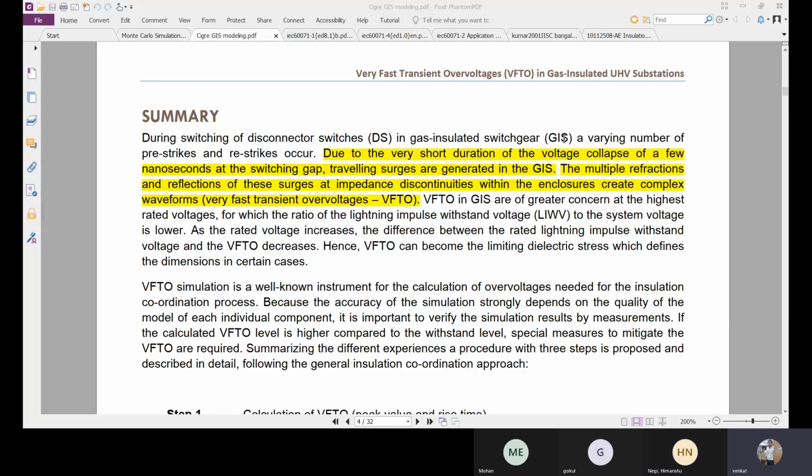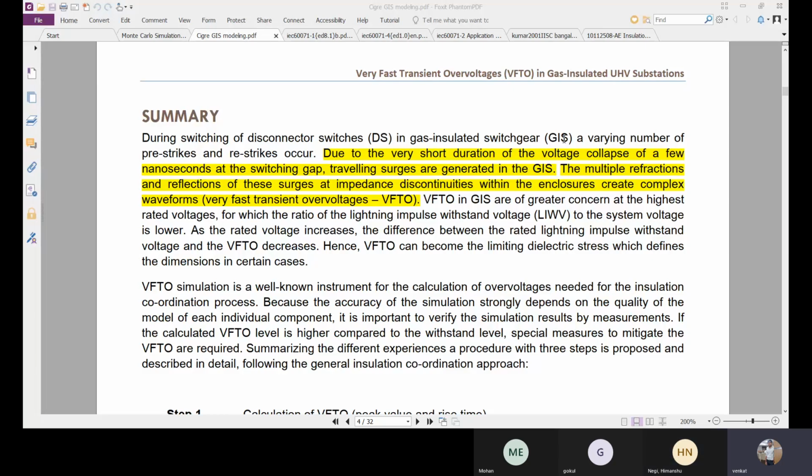At that time surges will be produced in the GIS. The frequency of this will be about 100 megahertz. Then these surges which have been transferred will get reflected from the other open end.